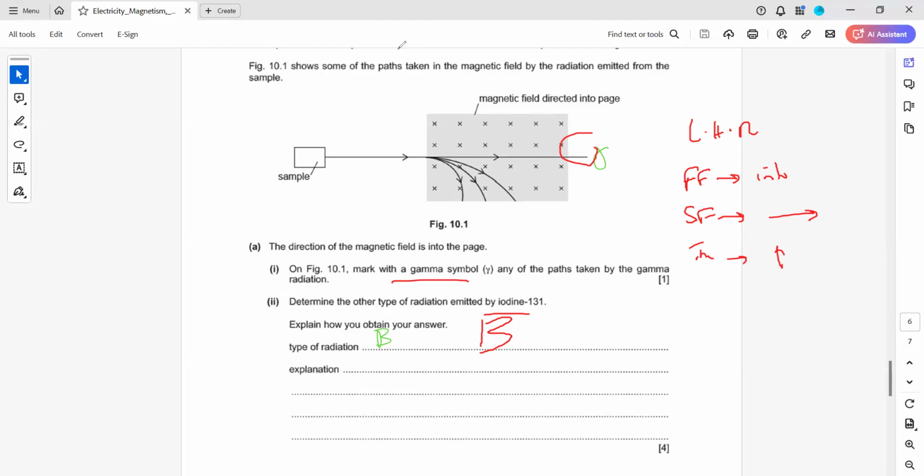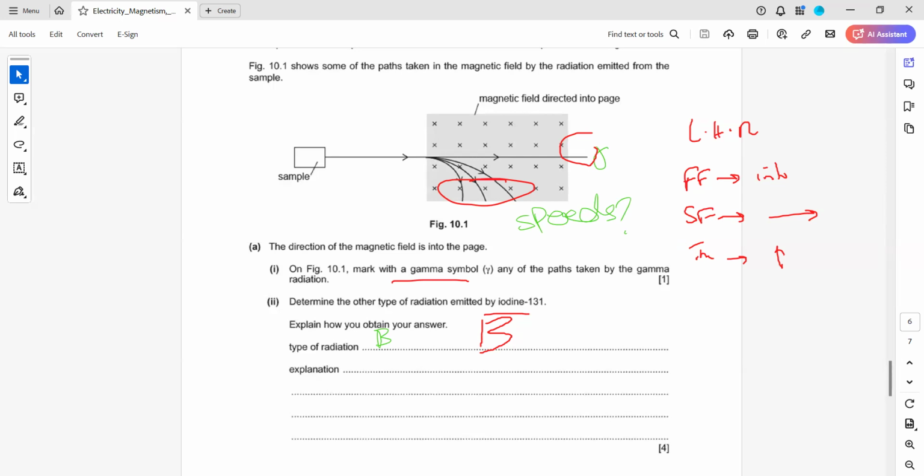But why, even though all of them are beta, do they have different curvatures? That's right, they have different speeds, they have different momentums. Yes, Rabia, that's a good answer.